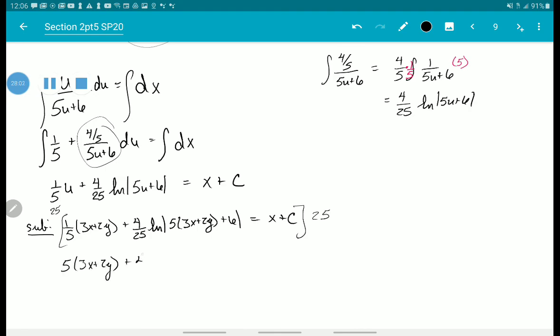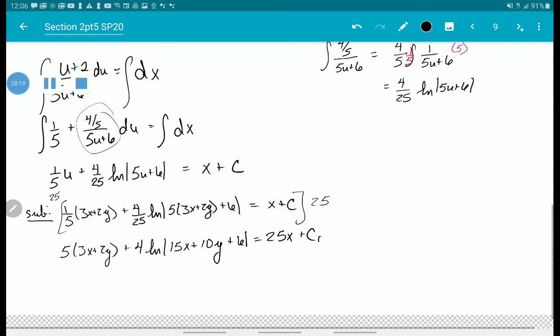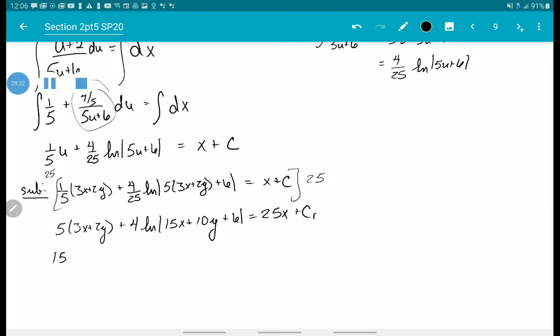This is going to be plus 4 times the ln of 15x plus 10y plus 6 is equal to 25x plus 25 times c, and that's a new constant. I'm going to call it c1. So 15x plus 10y plus 4 ln of 15x plus 10y plus 6 equals 25x plus c1. So there's our general solution.